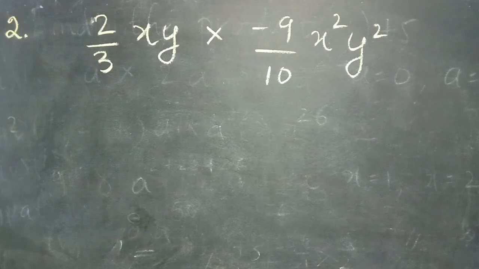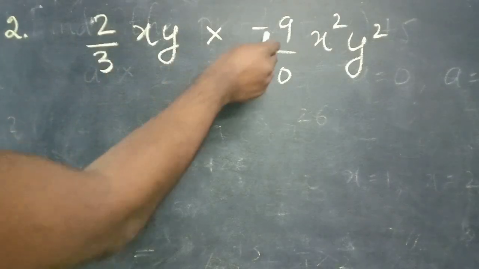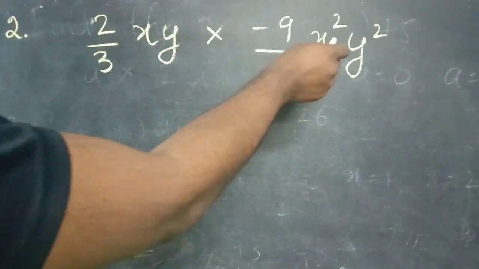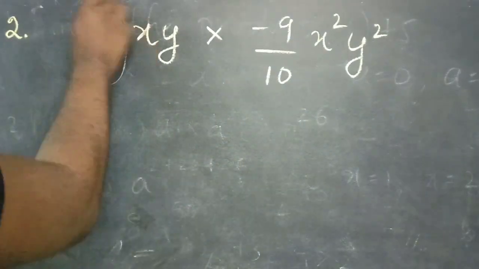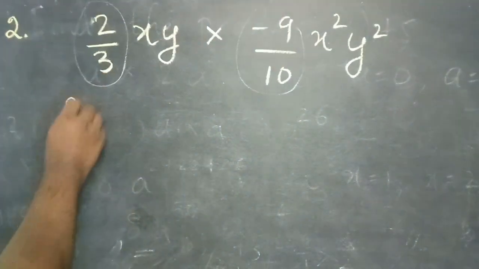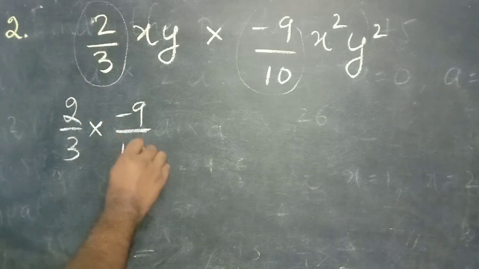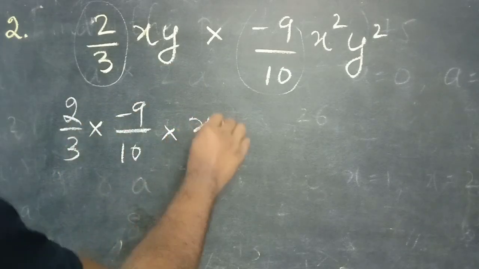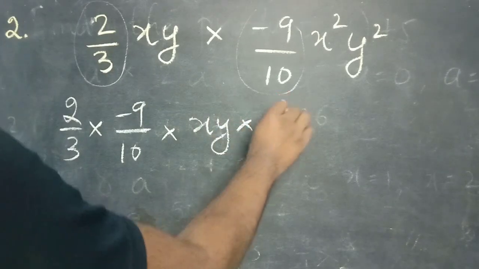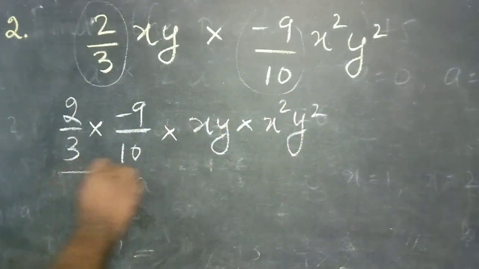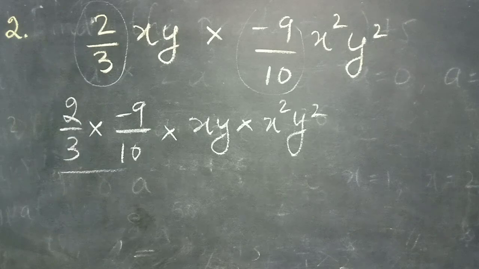Now the next question, multiply 2 by 3xy into minus 9 divided by 10 into x square y square. Now multiply the numerical coefficient, that is 2 by 3 into minus 9 divided by 10, into xy into x square y square. Now first multiplication of numerical coefficient, then multiplication of variables.